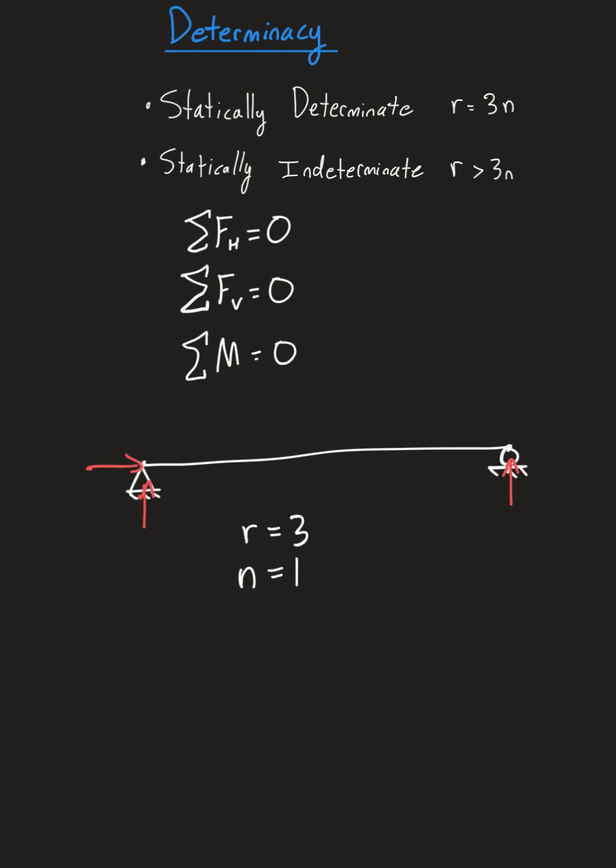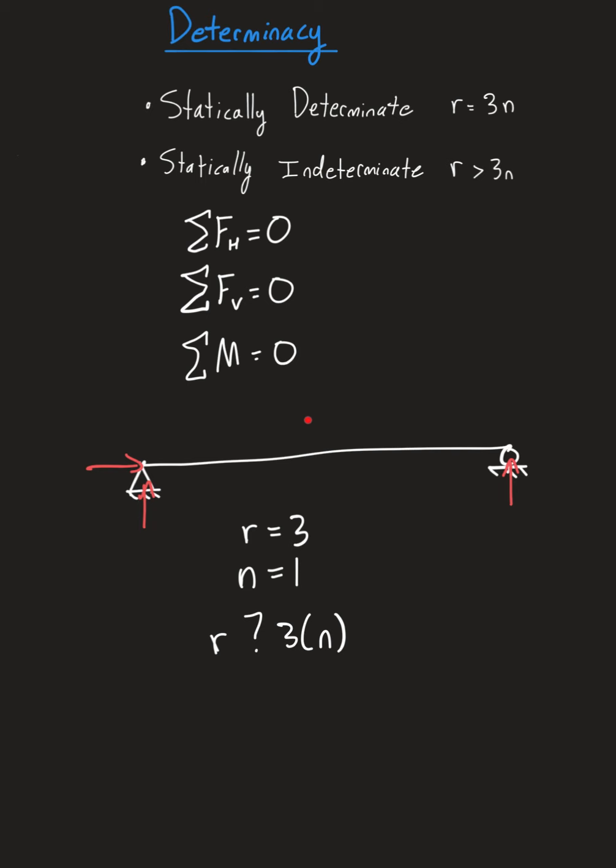If we had a second beam off this way, then this could be 2. Or if you have a truss or a frame, that number can increase. But for just a single beam like this, it's just going to be 1. So when we look at how R compares to 3N, this is because we have 3 equations of statics for each member.